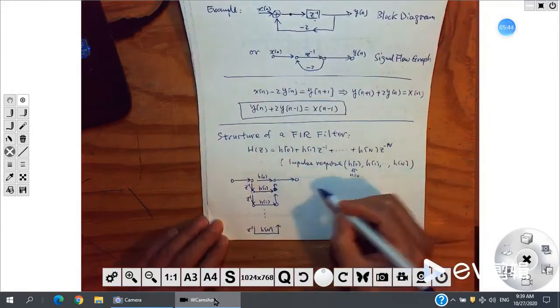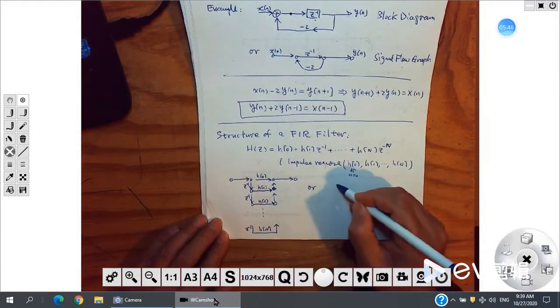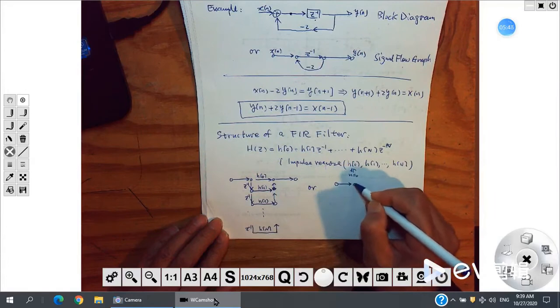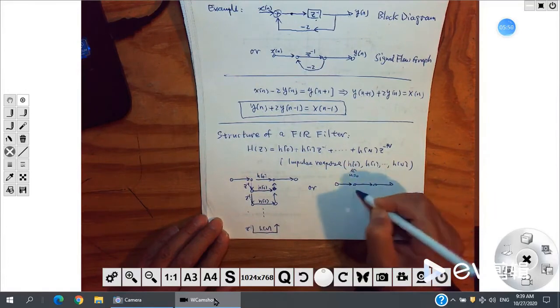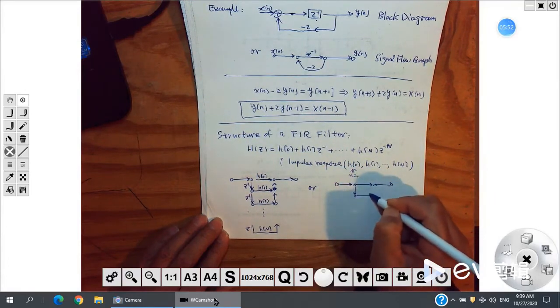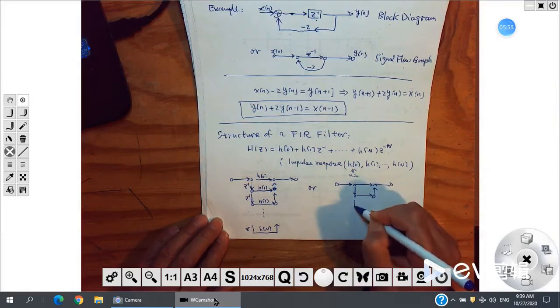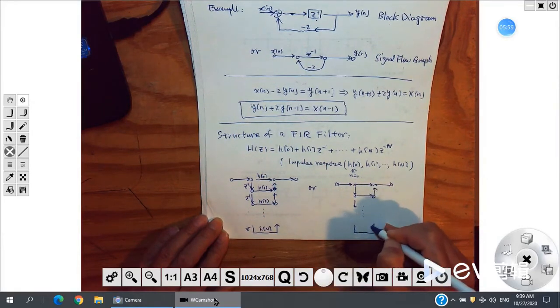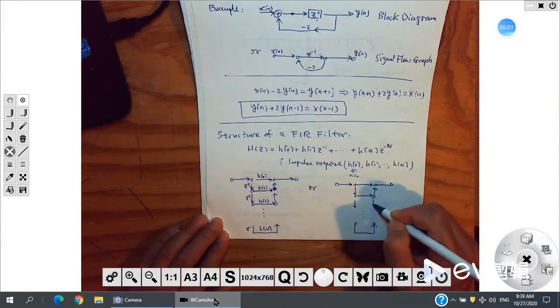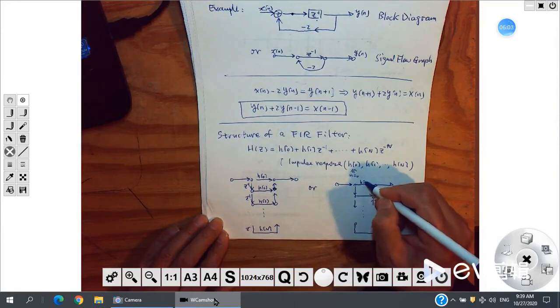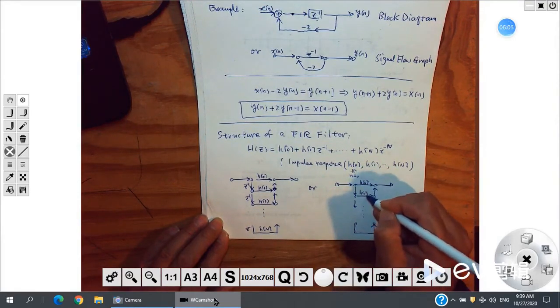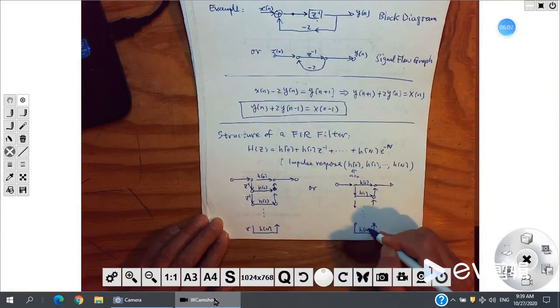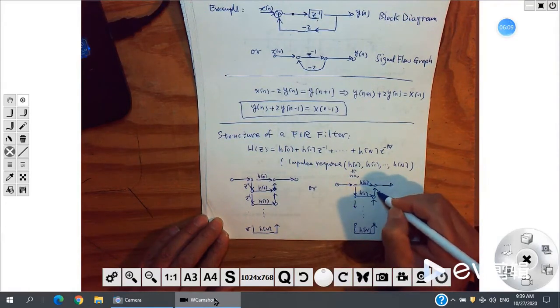I can also have the structure looks like this. Here's h of 0, h of 1, h of n, and I put delay on this side.